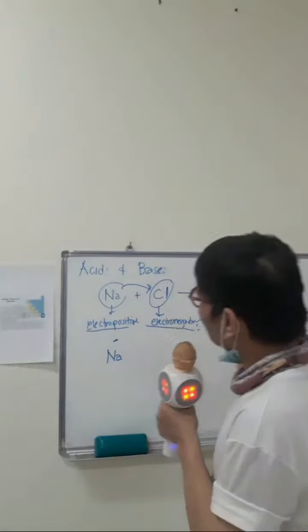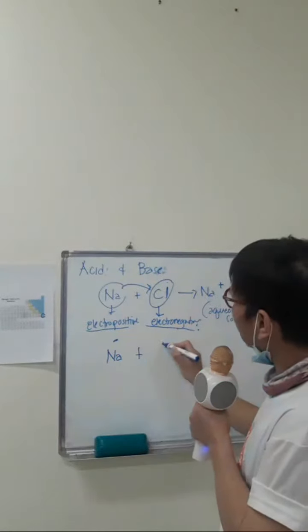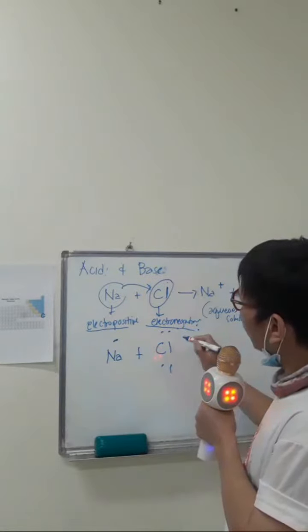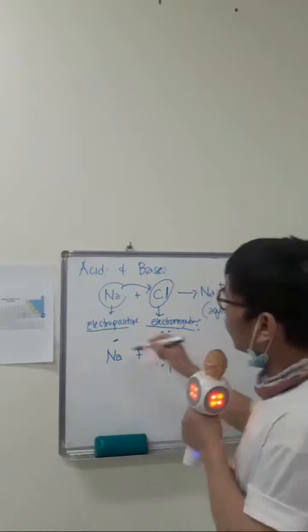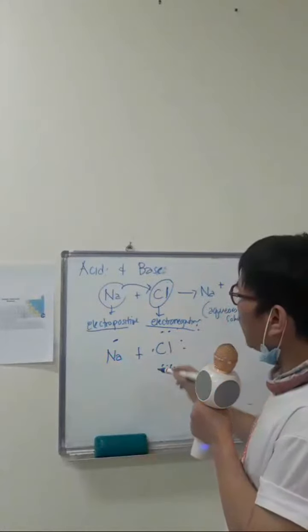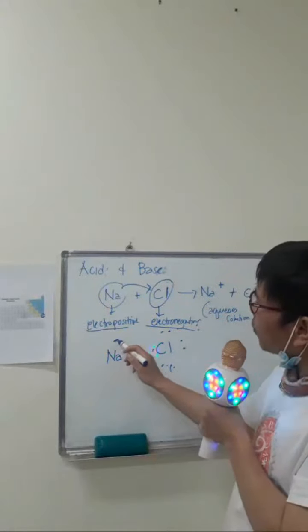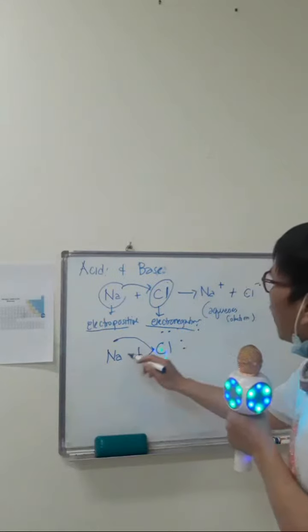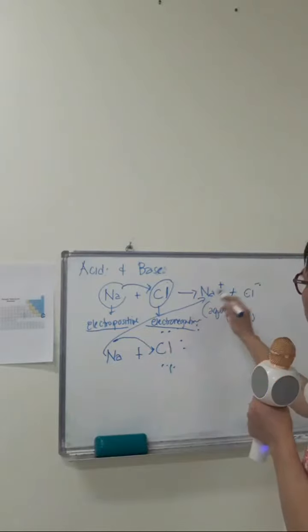Chlorine plus sodium. 1, 2, 3, 4, 5, 6, so chlorine is here, so we have 7. 1, 2, 3, 4, 5, 6, 7. This dot will be shared to chlorine. That's why it will become Na positive.